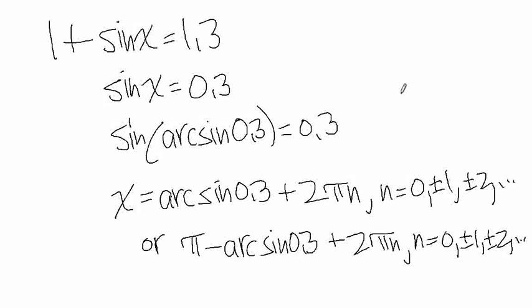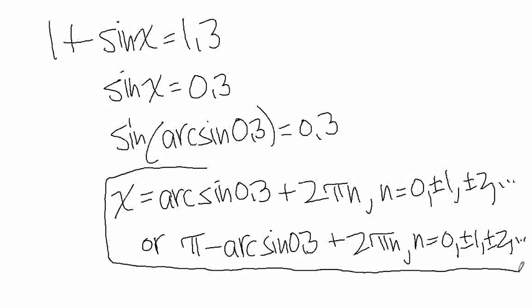Notice that in order to solve trigonometric equations, you have to understand how the trig functions relate to the unit circle really well, and how the sine values change as you add or subtract multiples of pi and 2 pi. Okay?